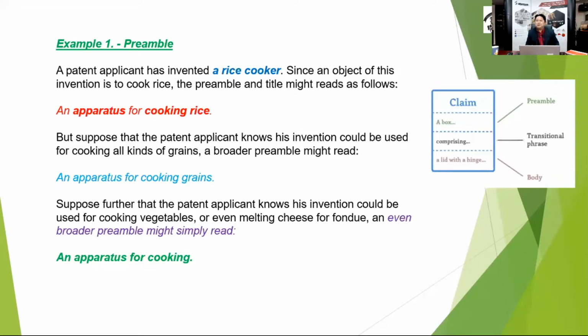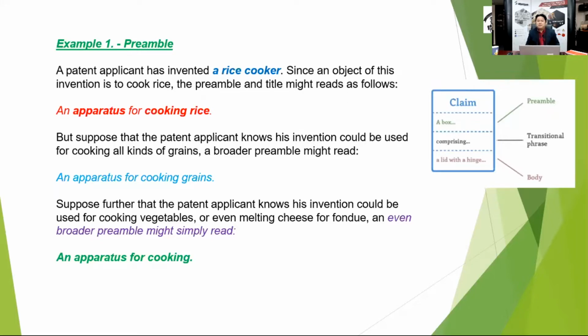For patent drafting, we tend not to be too specific or narrow because we want to give as wide protection as possible. So assume this apparatus can cook all kinds of grains. I need a broader preamble. Can I write an apparatus for cooking grains? Oh yeah, you can do that.